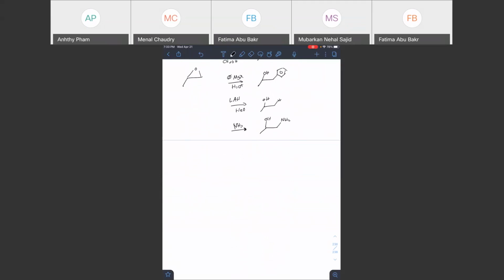And we also should talk about how you can form these epoxies to even go about these reactions in the first place. So let me find some questions.